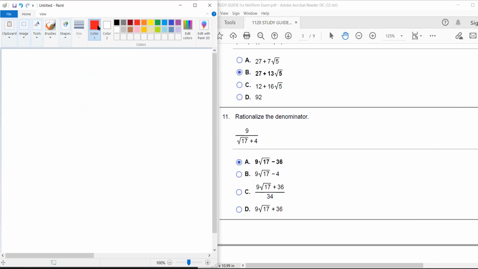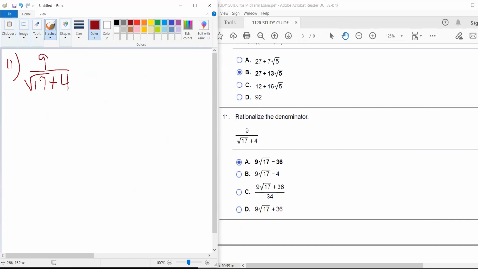Number 11 says rationalize the denominator. To us, that means you cannot have a radical in the denominator, so we have to get rid of it somehow.